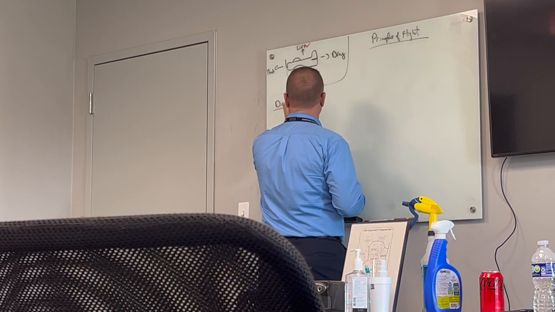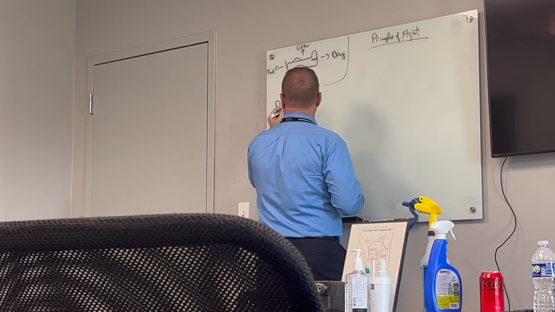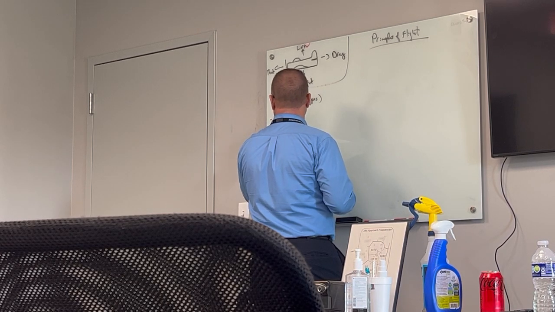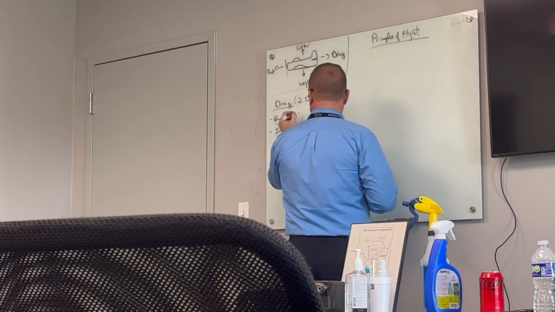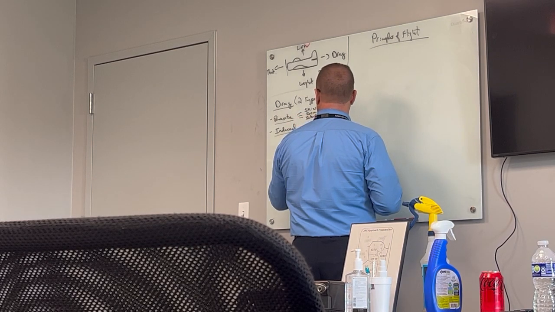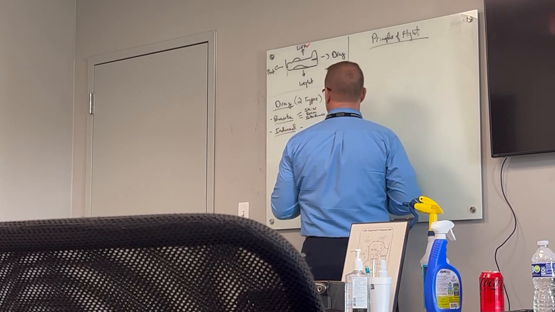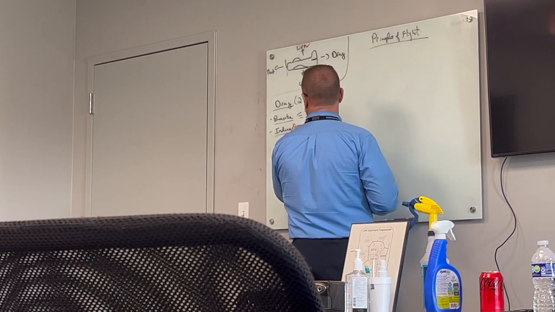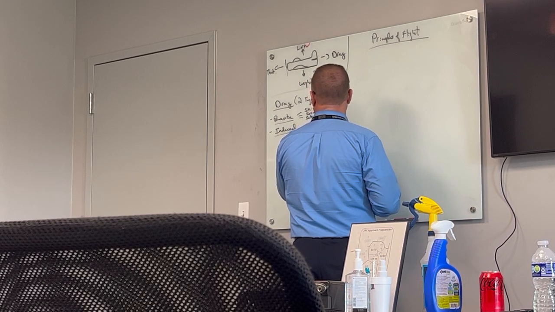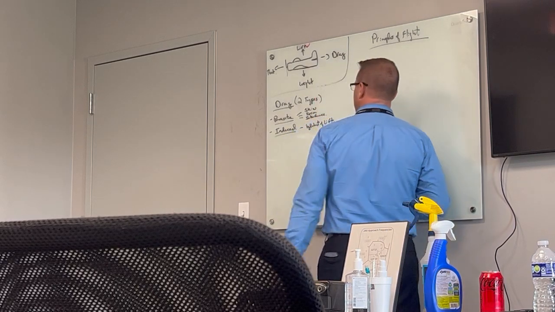Two types: we've got parasite and induced. Parasite has skin, form, and interference. Induced is just a byproduct of lift. That's all we've got for induced.